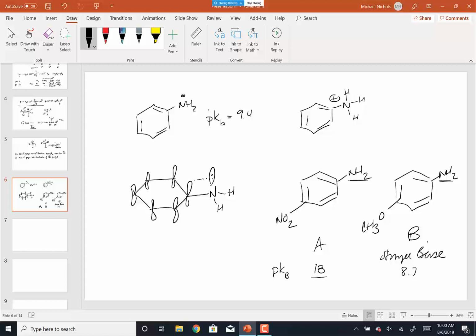But put a benzene ring on an NH2, it becomes much weaker. Put an alkyl group on the nitrogen, it'll become stronger. Now, there are divisions within that.